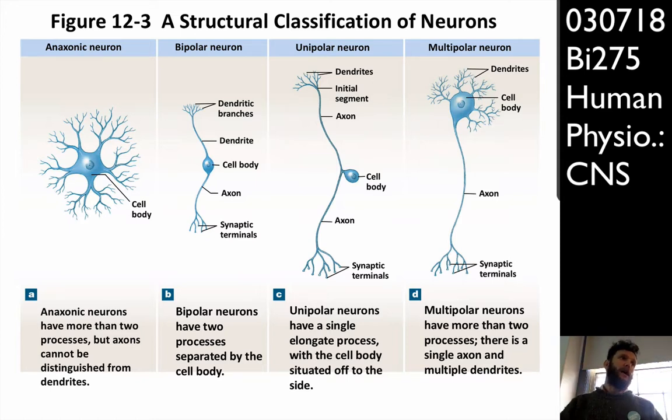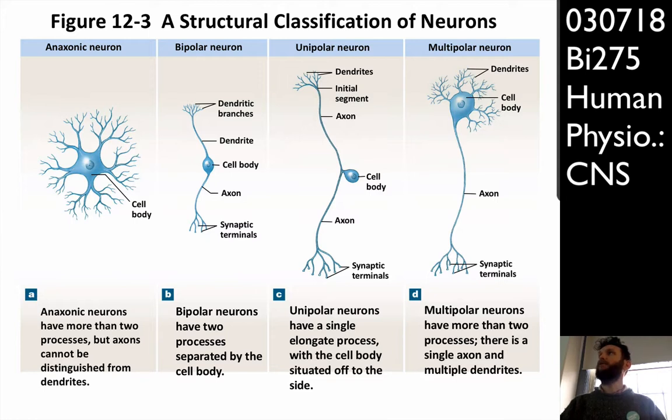You can have summations about an anaxonic neuron, the various dendrites in the anaxonic neuron that don't have to travel down a long dendritic projection before they can elicit an action potential at whatever the axonal output of that neuron is.